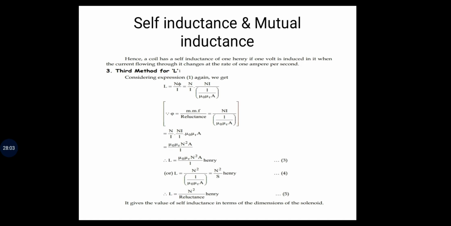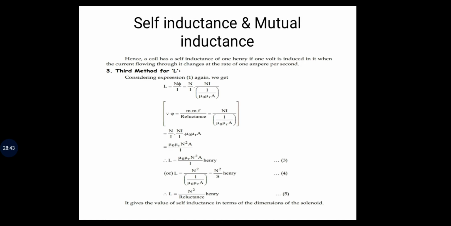Here mmf is equal to NI. Reluctance is equal to l by mu naught mu r A. Then finally we get N by I into NI by l by mu naught mu r A, mu naught mu r N square A by l.